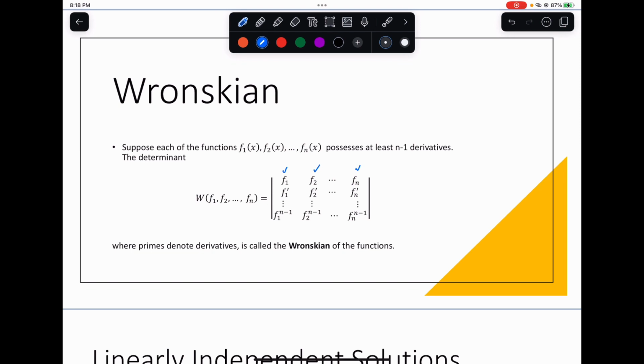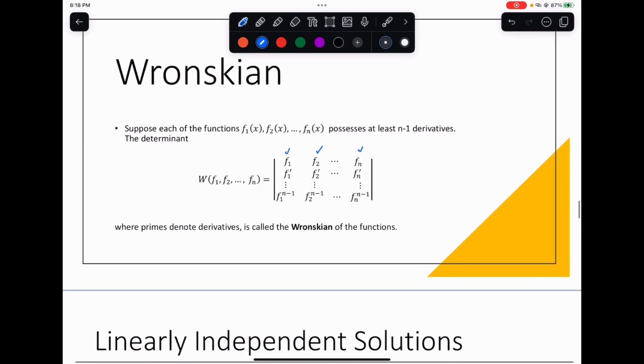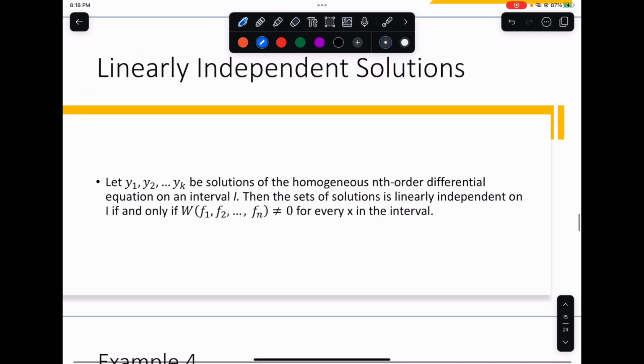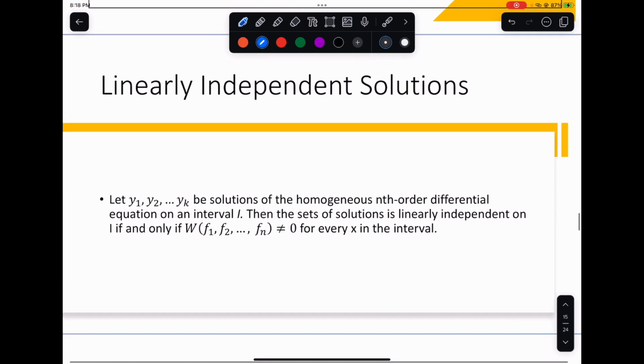Once we form that, we just find the determinant, which is what we refer to as the Wronskian. For linearly independent solutions, if the Wronskian of the given functions is not equal to 0, that makes it linearly independent.